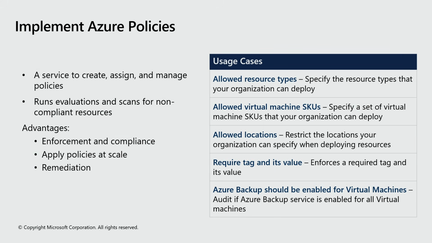So when you take a look at policies, what they can be used for, as I said, deploying types of resources to limit them down. In a previous recording, we talked about having tags. Maybe you want to have a tag put on a resource. So regardless of the type of resource, I need to maybe have the type of resource for production versus test. Maybe I have a type of resource that is going to put in a cost center. Maybe it gives you an option to actually give me the cost center.